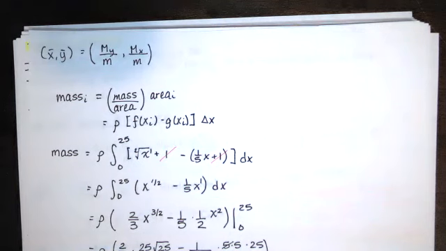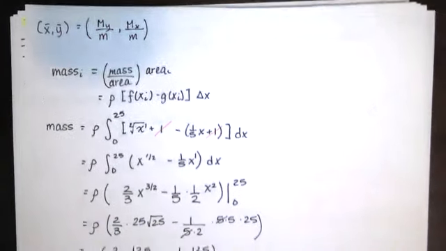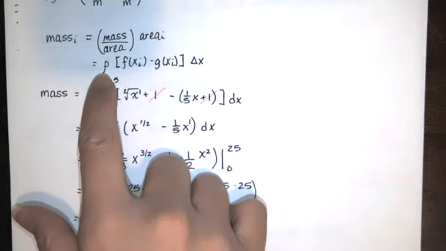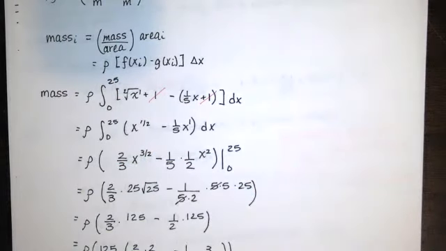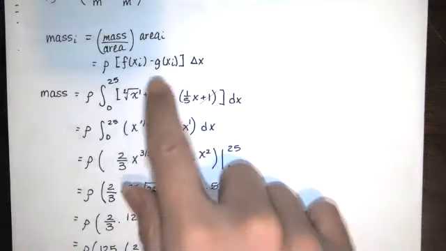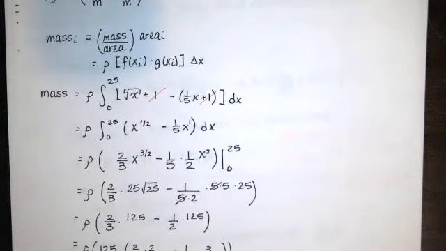And once you do that, if you want to find the center of mass, you've got to find the mass of the original lamina, which is really just this mass per unit area, or the density, times the area of the lamina. The area of the lamina is the top function minus the bottom function, times delta x, or that's the area of that rectangular piece.